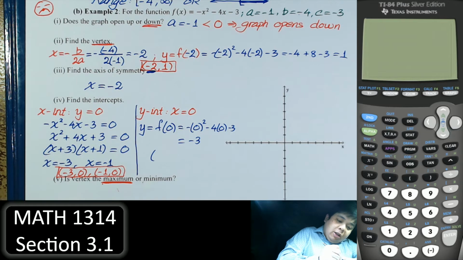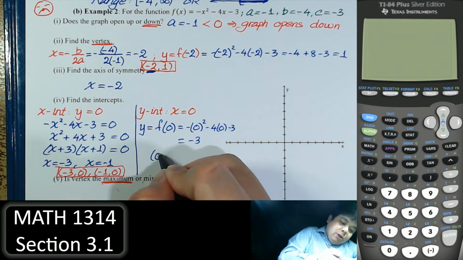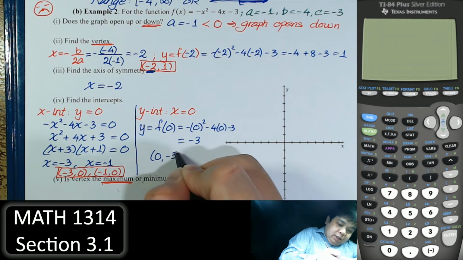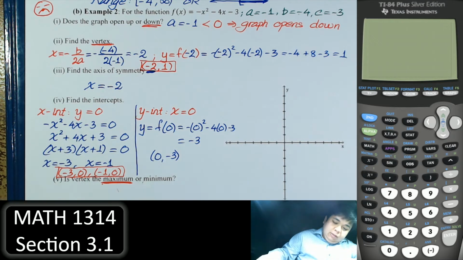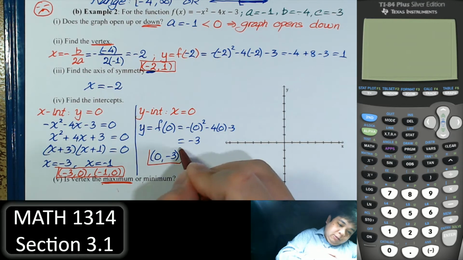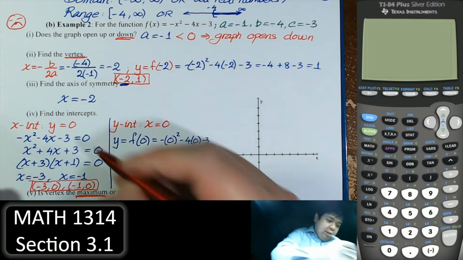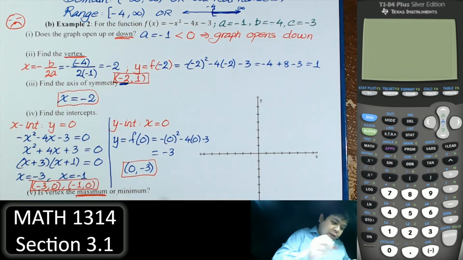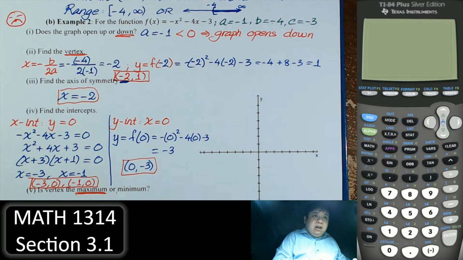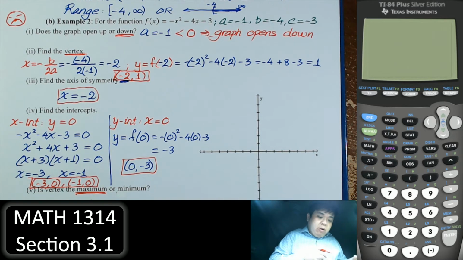So the y-intercept is x equal to 0, y equal to -3. Oh, we did say that the vertex is the maximum. Right, let's graph all the components.